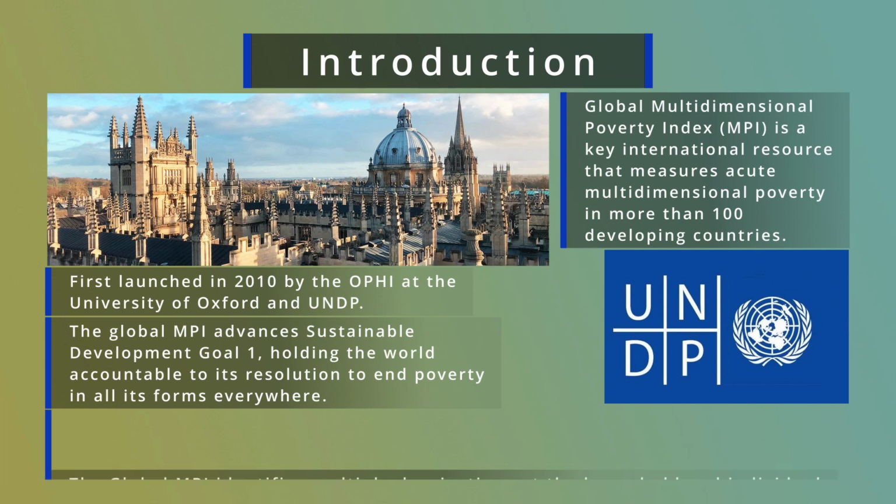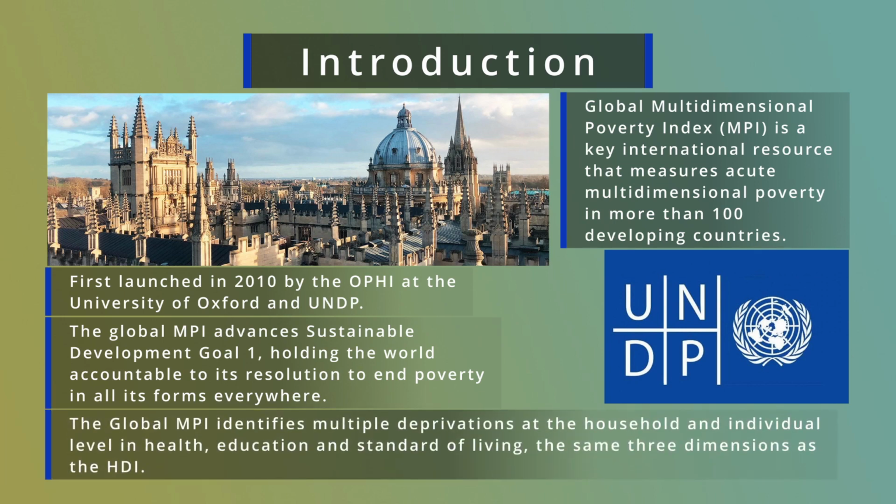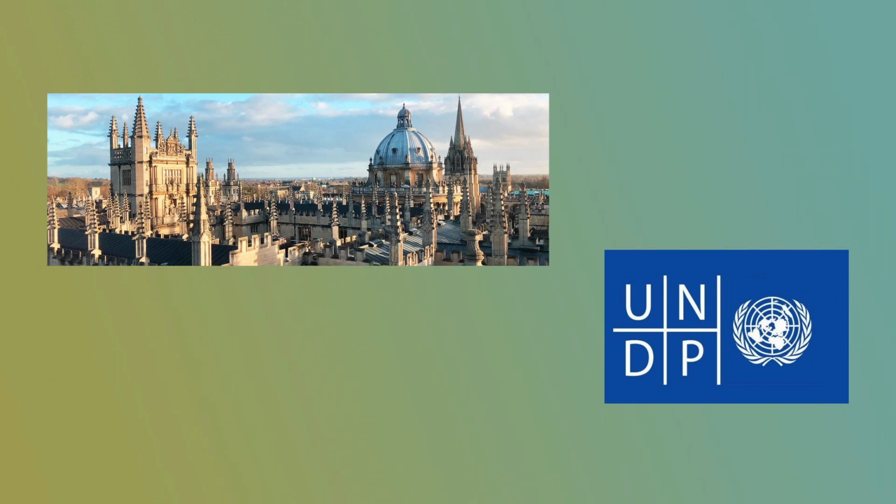This MPI was first used in the UNDP flagship Human Development Report in the year 2010, to understand the nature of development and underdevelopment across different countries, along with the Human Development Index and other indicators.